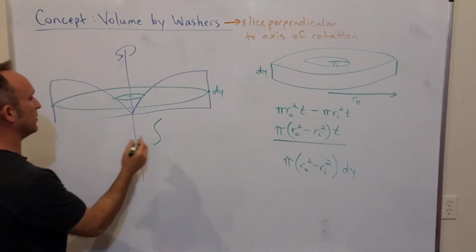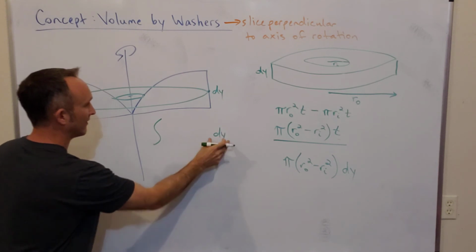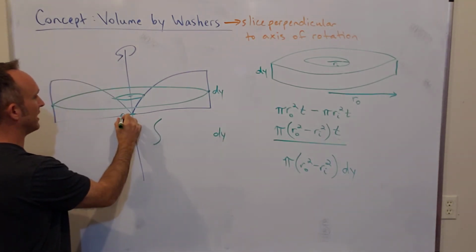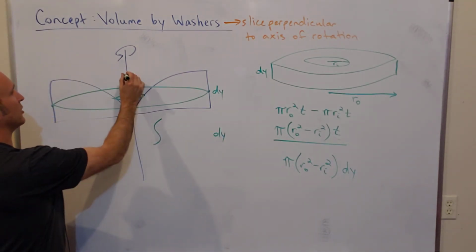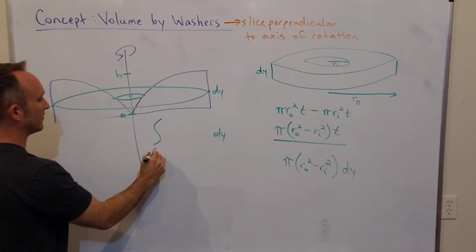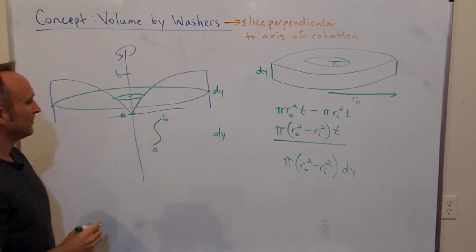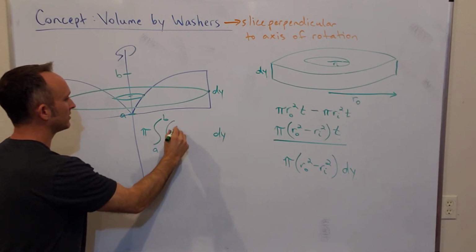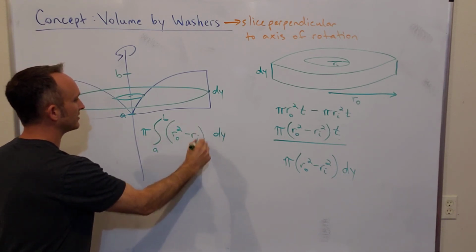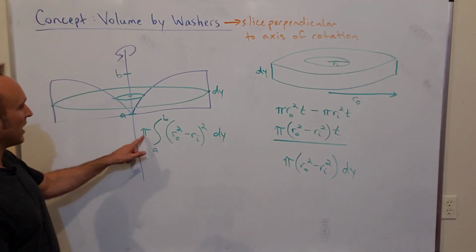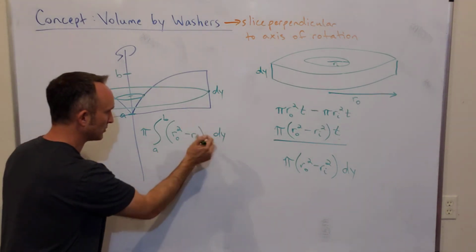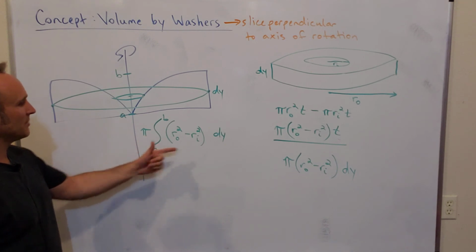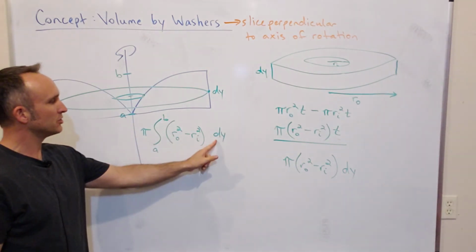You'd integrate from, well, they'd have to be y values. So let's call that y value A, and this y value B. So you'd integrate from A to B. You'd have pi times your outer radius squared minus your inner radius squared, so you've got pi times the difference of your squared radii times your thickness.